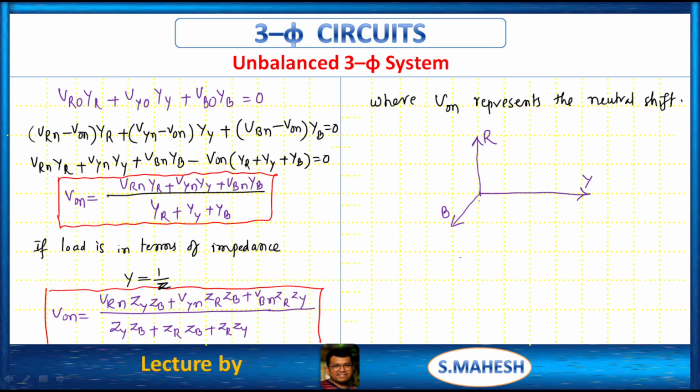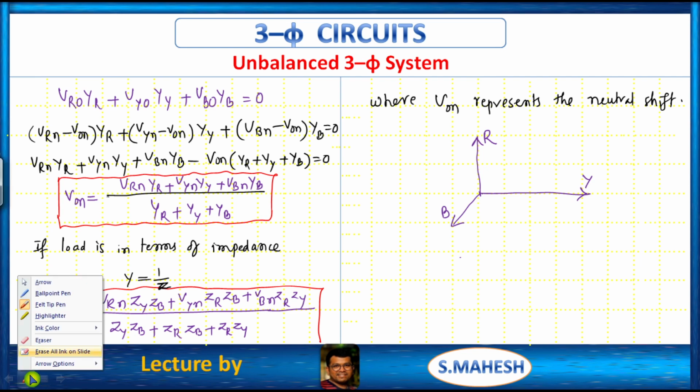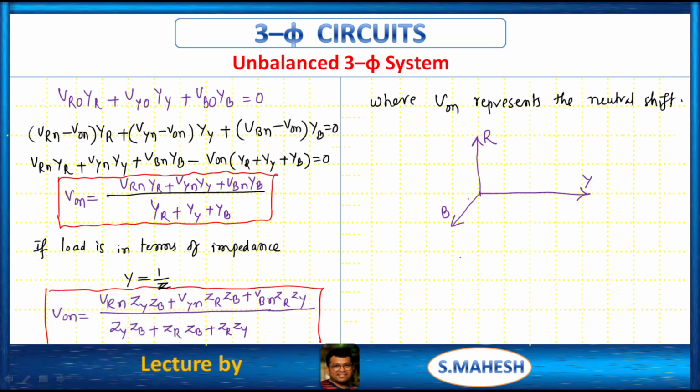Let us say because of this unbalance we have a neutral point. This is the load, and we have a neutral, for example, at this stage.